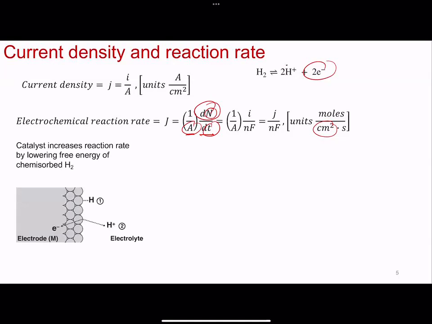So the objective of fuel cells is to increase this electrochemical reaction rate. You want to be able to process and have high turnover, so that increases your efficiency, while maintaining mechanical and chemical stability of your electrode, right? You want to be able to feed in hydrogen and have the hydrogen oxidation reaction, which is this, producing protons pretty rapidly, right?